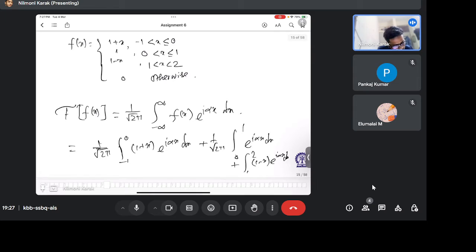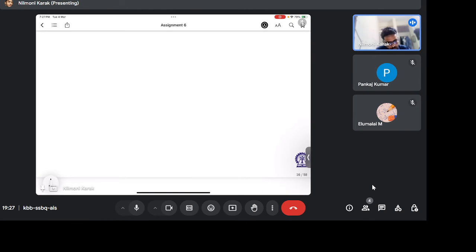Here also you have to use integration by parts. So 1 by root 2 pi, 1 plus x times the integral of e to the power i alpha x, which is e to the power i alpha x divided by i alpha, from minus 1 to 0.